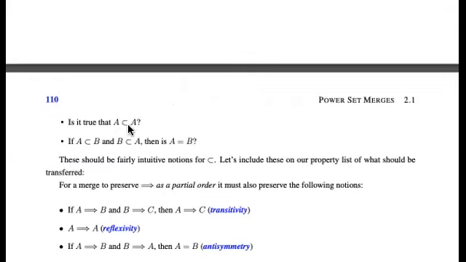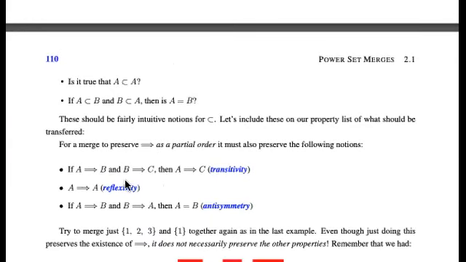What about, is A a subset of itself? For partial ordering, we also use that idea. It's called reflexivity. In a partial ordering, we would say this symbol means less than or equal to.